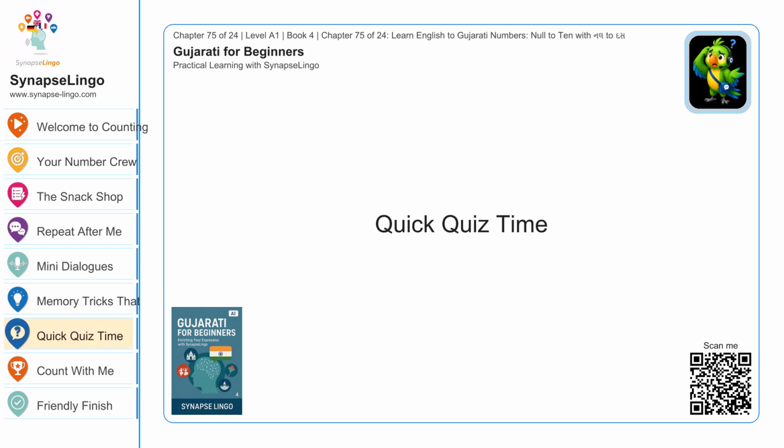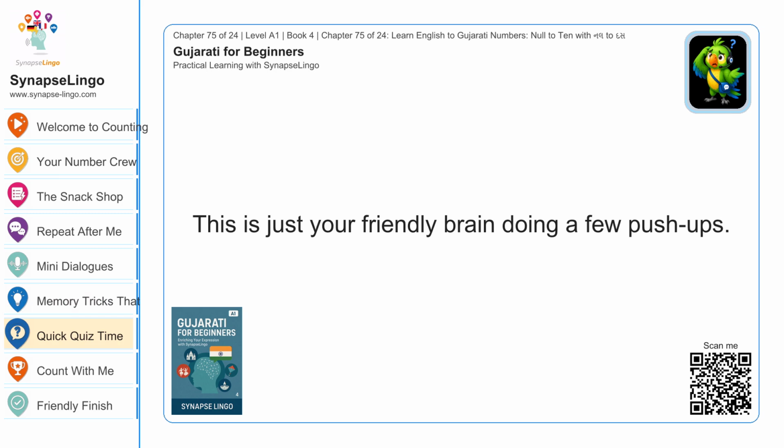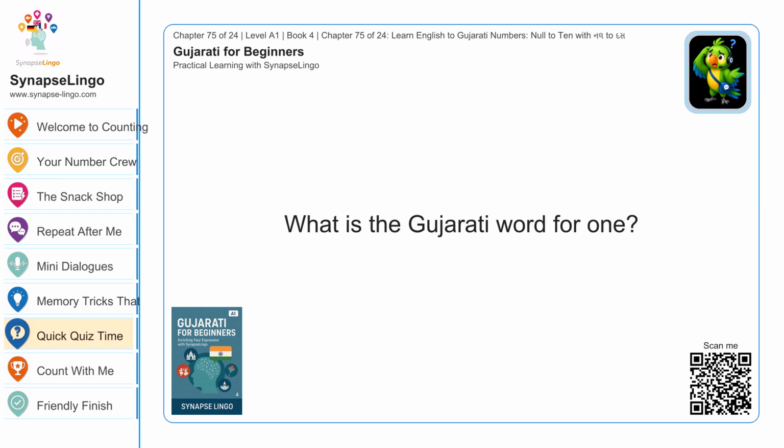Quick quiz time. No pressure. This is just your friendly brain doing a few push-ups. What is the Gujarati word for 1? What is the Gujarati word for 5? What is the Gujarati word for 10?